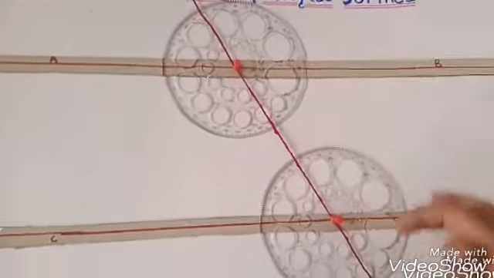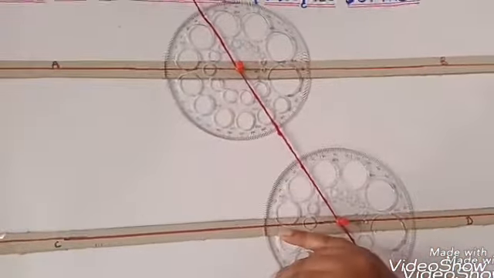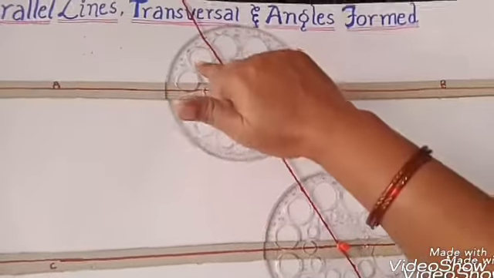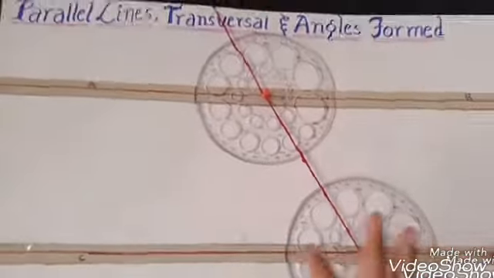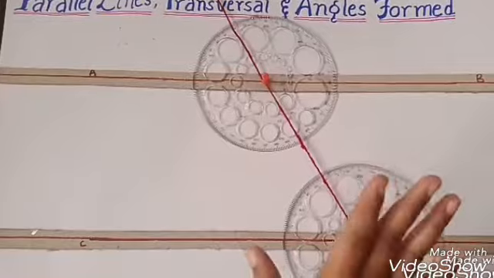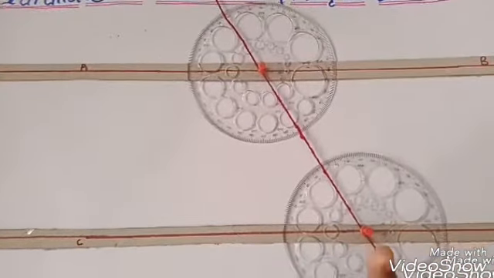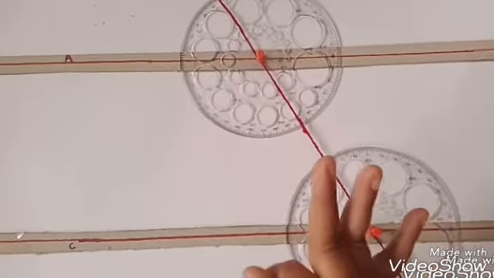Here 60, 60, these two are corresponding angles. Here 120, here 120, they are corresponding angles. This 60 and this 60, and this 120 and this 120, we call corresponding angles. So out of the 8 angles formed, we have studied vertically opposite angles, alternate angles and corresponding angles.